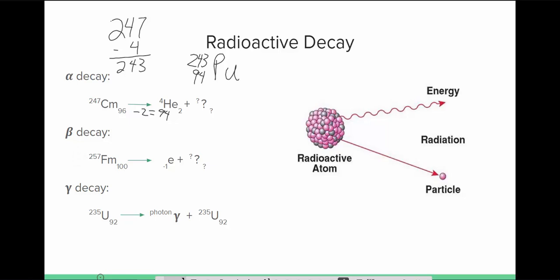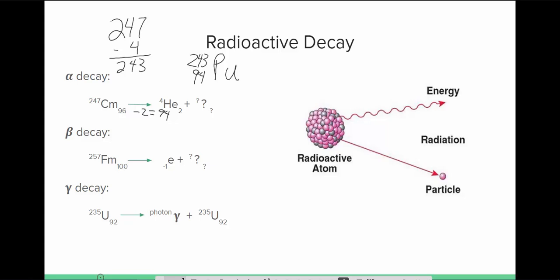So Fm257 has 100 protons in the nucleus. Then it says an electron comes out. But it's all about conservation of charge, conservation of mass. So my first question for you: is an electron a proton? No. Is an electron a neutron? No, it is neither of these things. Now we said that this thing comes from a neutron becoming a proton.